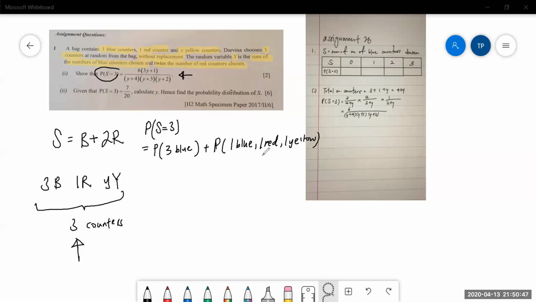Or one blue and two yellow? Cannot be, because we need the sum to be equal to 3. It's the sum of the blue counters chosen and twice the number of red counters chosen. Yellow is not even in the equation.